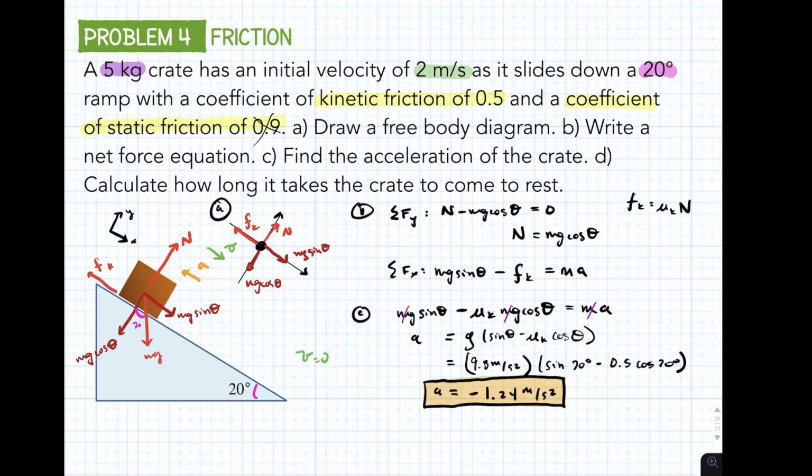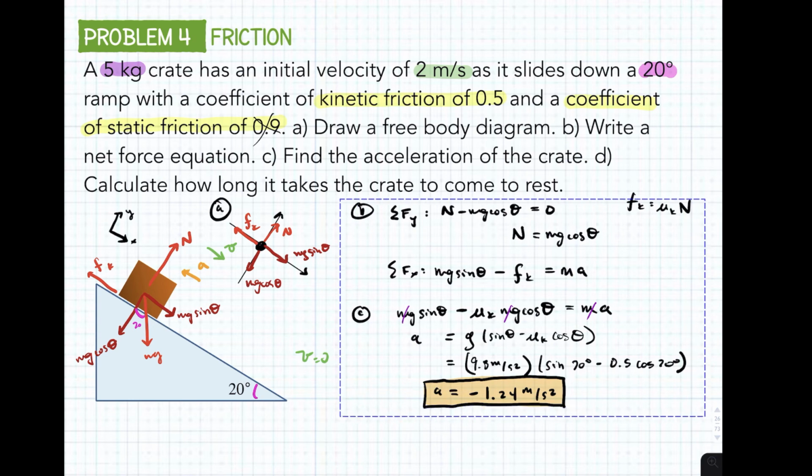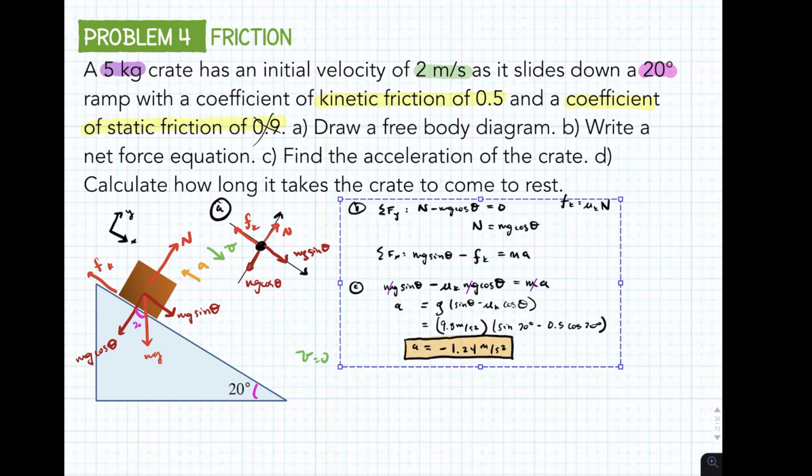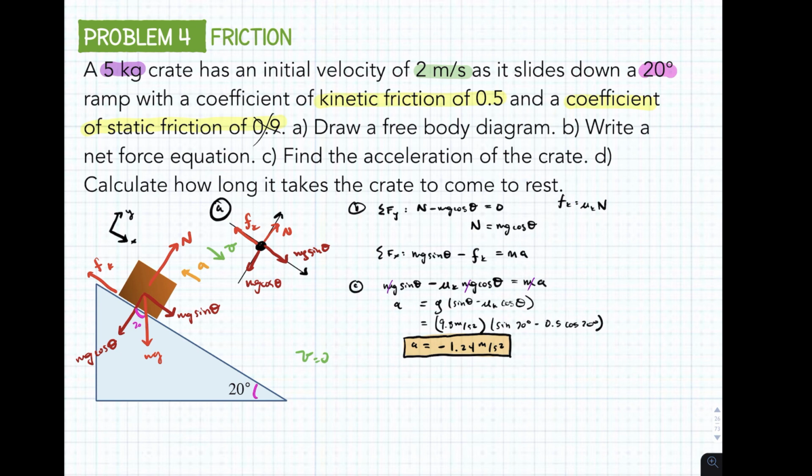And that also means that when we do the kinematics part of the equation, we should get something reasonable. So let me just make this a little smaller so we have room to do some kinematics. And we'll go to part D, which asks us the time. In order to get the time, we know the acceleration, we know initial velocity, and we know final velocity.